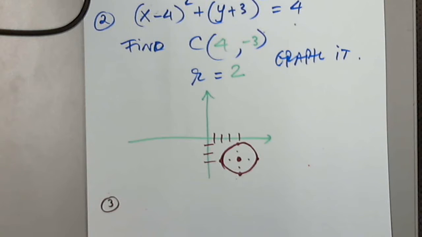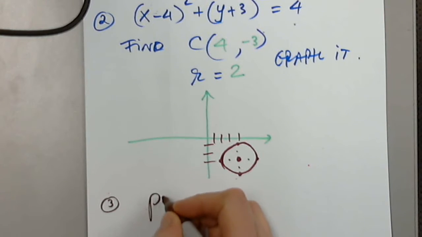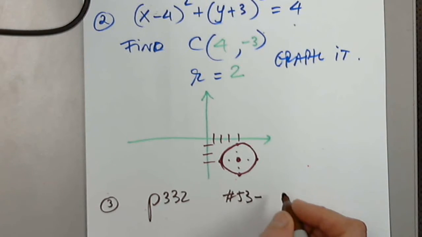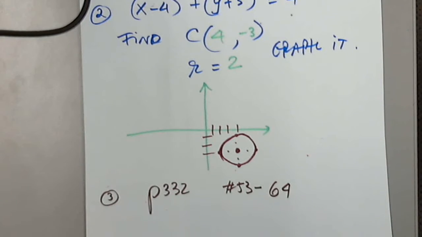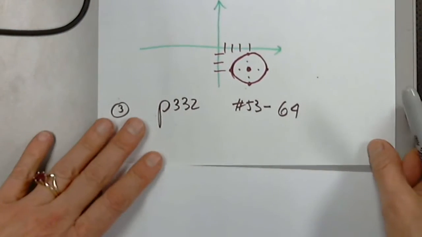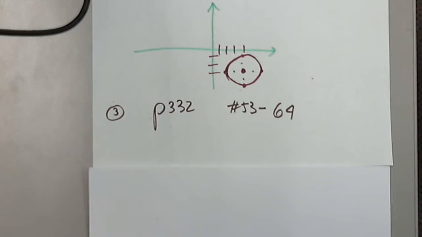Okay, on page 332, any problem you would like from 53 through 64? Yeah, 59. Okay, but I would prefer to pick an even number because you can do the odd numbers and check the answer. 58? Yeah.